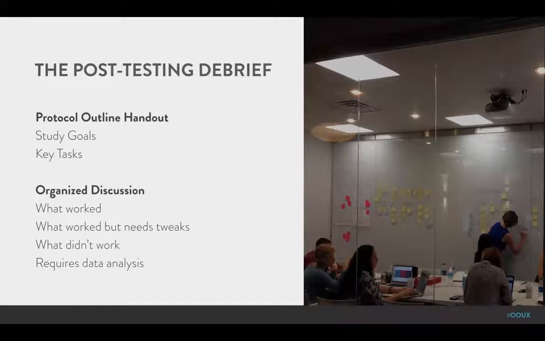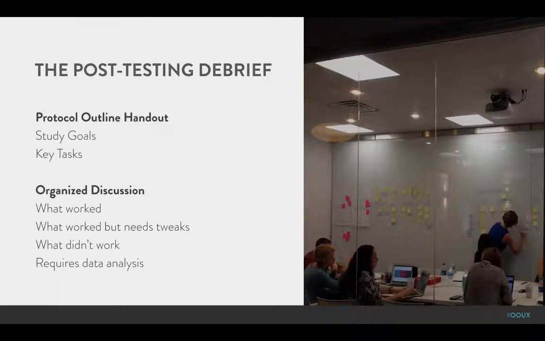The post-testing debrief. So this is usually the day after usability testing. The group comes together. So this is the project team and the clients who were there observing the testing, or it could be interviews. And you go back to that protocol, that handout that you designed earlier that has an outline of the test plan, so that you are focused on the key tasks and the goals of the study again, to keep everybody grounded in what we really evaluated.